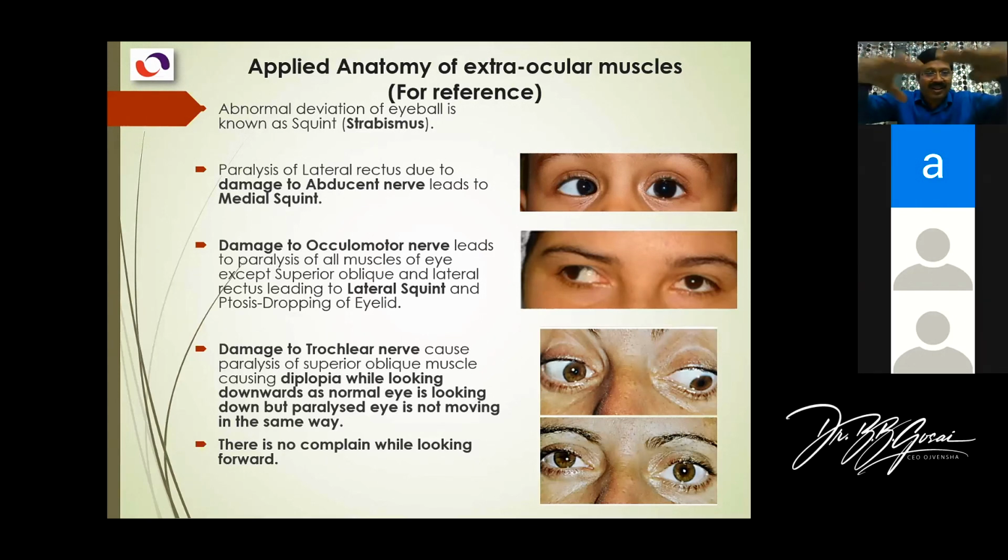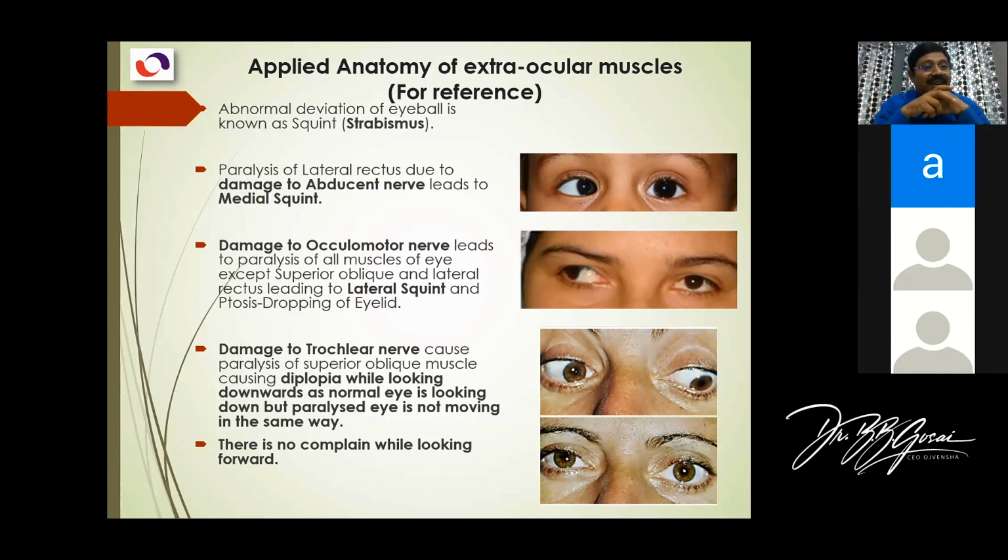But when he's above the horizontal plane, looking straight, the superior oblique is not working, so he will not have any complaint. That is why trochlear nerve palsy can only be diagnosed when the patient complains that when he's going downstairs, he sometimes misses the step or gets confused because the steps are not seen clearly and he sees some other images overlapping on the steps.